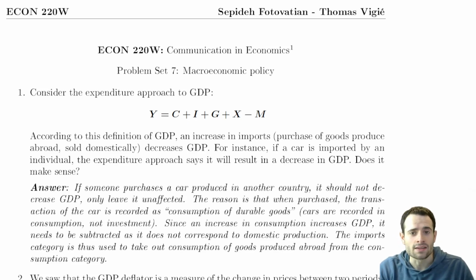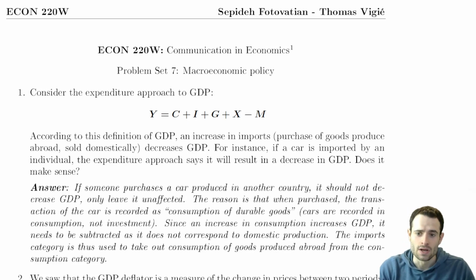It turns out that goods such as cars are actually considered consumption goods, but they enter the category of consumption of durable goods. So the consumption category is divided into two subcategories, durable goods and non-durable goods. Investment then refers to things like productive equipment, housing, and bigger purchases than a car.